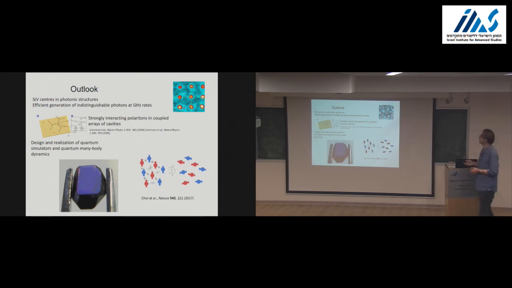You can also potentially control the strength of the coupling between atoms by using dynamical decoupling techniques. So I think these are interesting avenues towards many-body physics that this solid-state system allows. And with this I conclude and would like to thank you for your attention.